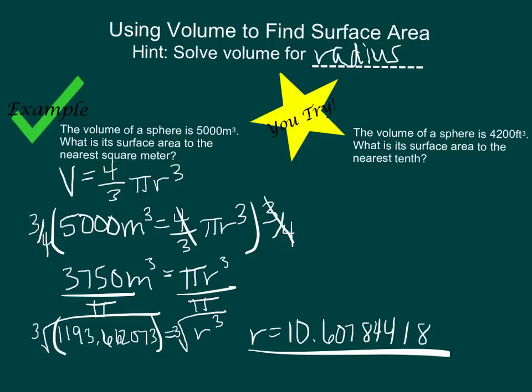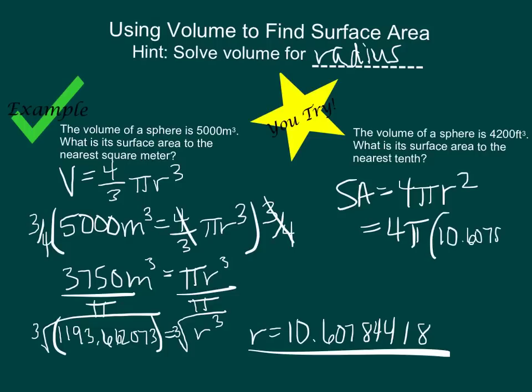If we're looking for the surface area, we now just have to plug that in. So surface area equals 4 pi r squared. So 4 pi times my radius, that whole decimal, squared. So let's square that thing in our calculator.